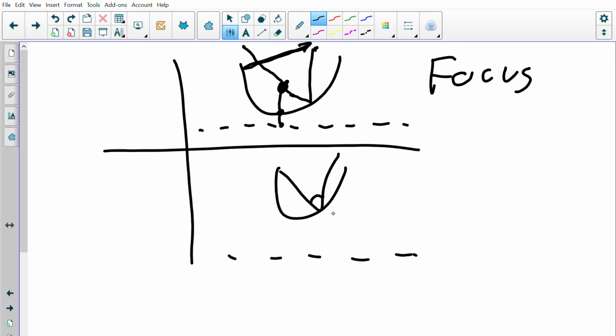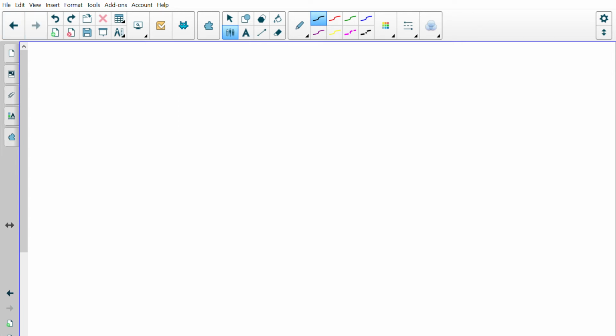So what we can do is just say, where does it hit? How far is it from the directrix? And then we can use this measurement to say, this is how long this one's going to be, and this is how long it's going to reflect out for. So how do we find those? Our directrix is just 4p.